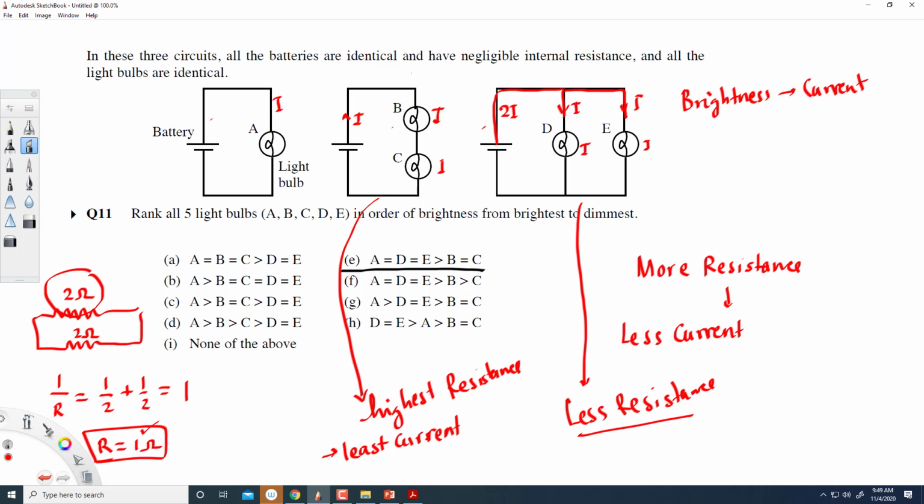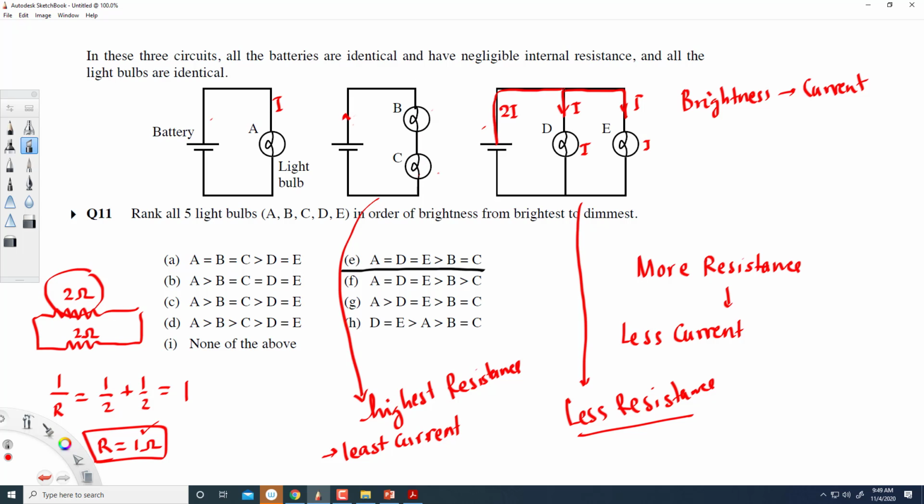Okay, I need to go back to this one again, because I didn't use the right number here. So let's not consider I here. Now let's look at this one. Compared to this one, the resistance here is twice as much, because we have two bulbs.